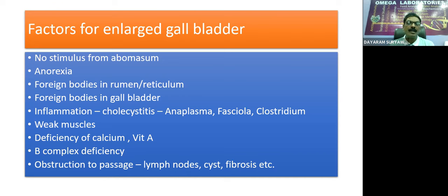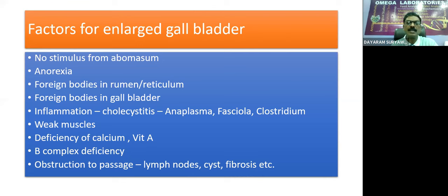Then deficiency of calcium and vitamin A is also one of the factors responsible for the delayed emptying or the retention of bile for a longer period. Vitamin A is essential for maintaining the integrity of the epithelial cells of the gallbladder, and whenever there is a deficiency of vitamin A, that may lead to the retention of the bile, and it will be seen as the retained or the enlarged gallbladder.